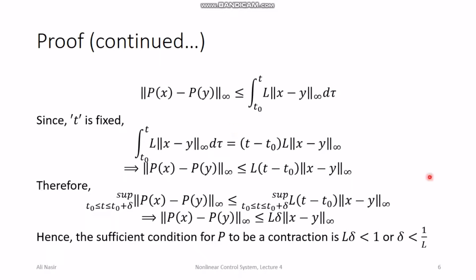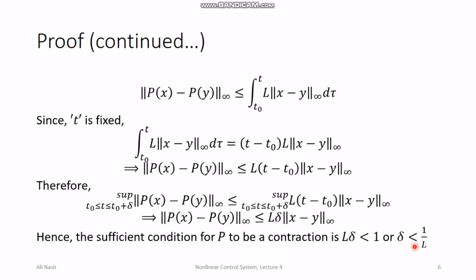So given x dot equals f of x, where f of x is Lipschitz continuous with Lipschitz constant L, the solution will exist for the time interval t0 to t0 plus delta, where delta is less than 1 over L.